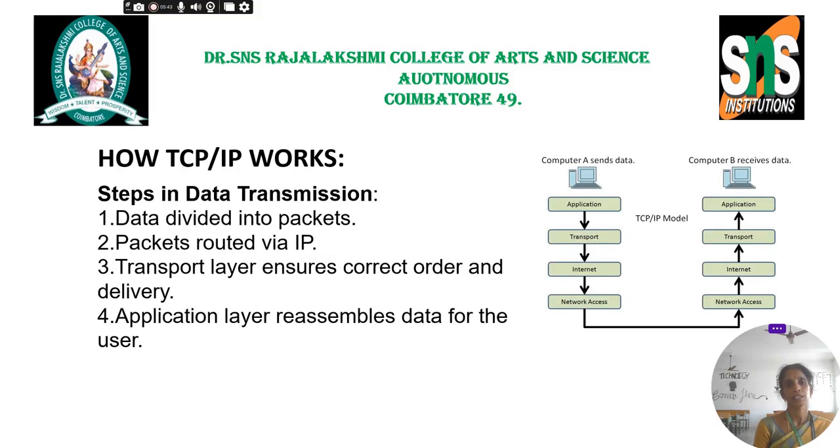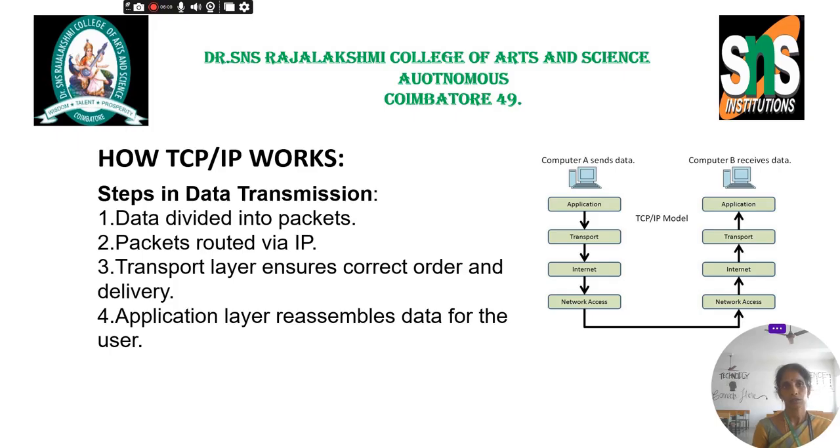How do TCP and IP work? The basic common step in this layered architecture is, first, it divides the whole message into a number of packets or segments. This is the first stage, and in the second stage, for example, after splitting the entire message into a number of packets, we have to forward the packets through the available routers.